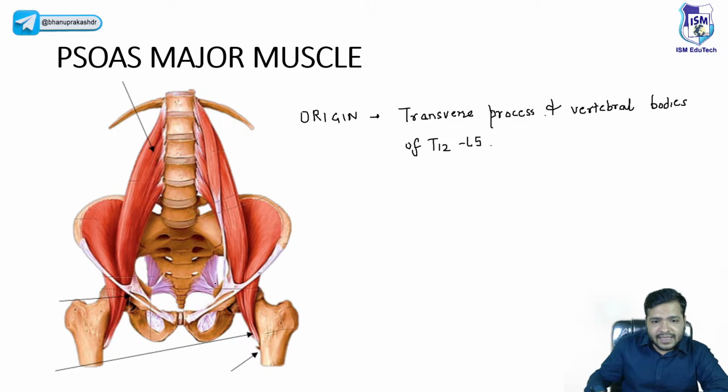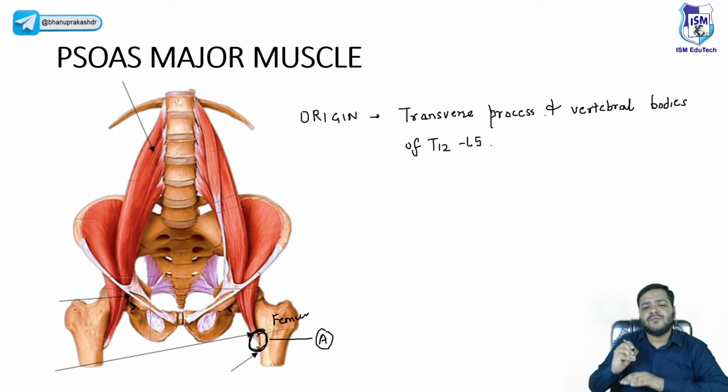Can you tell me which structure I'm highlighting with A? This is the femur bone, and this structure over here, can you tell me in the chat box which structure this is? So, insertion.